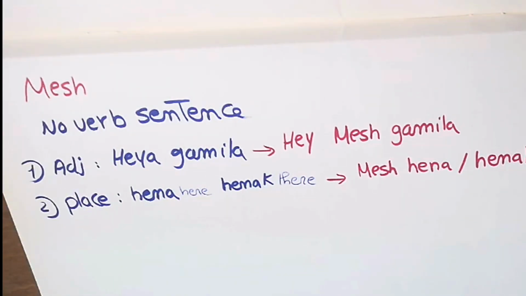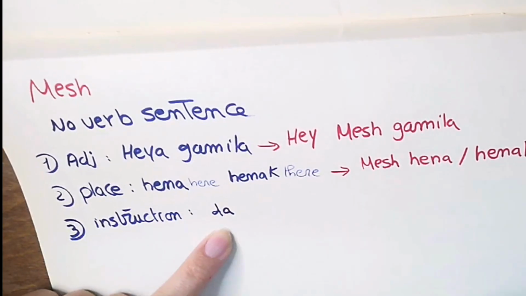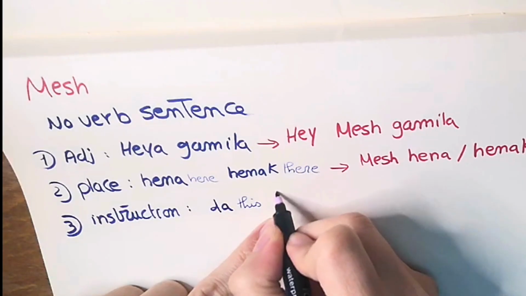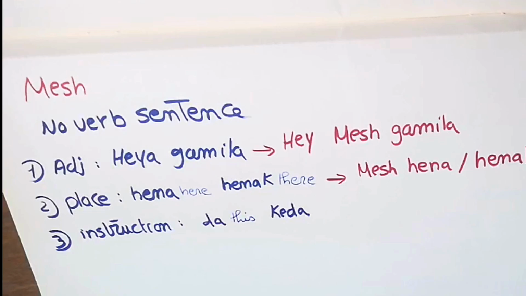The third use is instructive sentences. So in this you need to know words like da, which means this, and كده, which means like this.